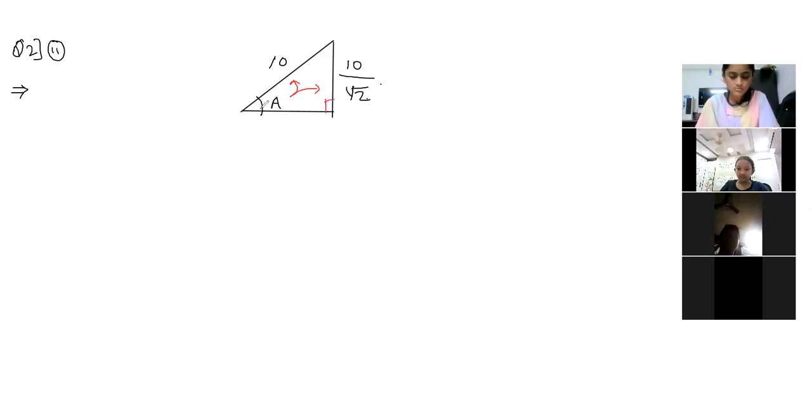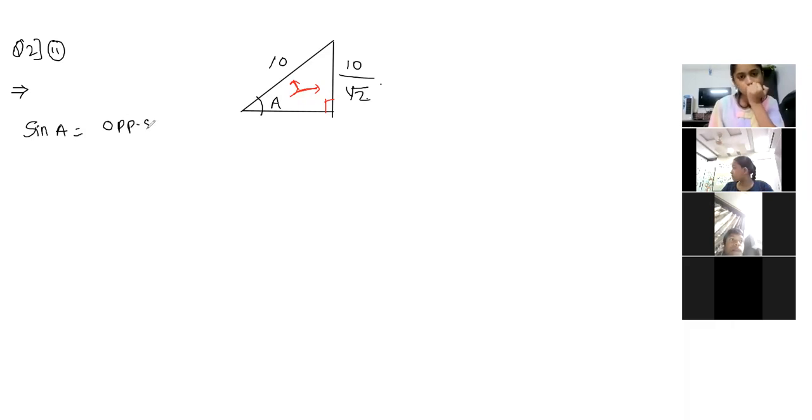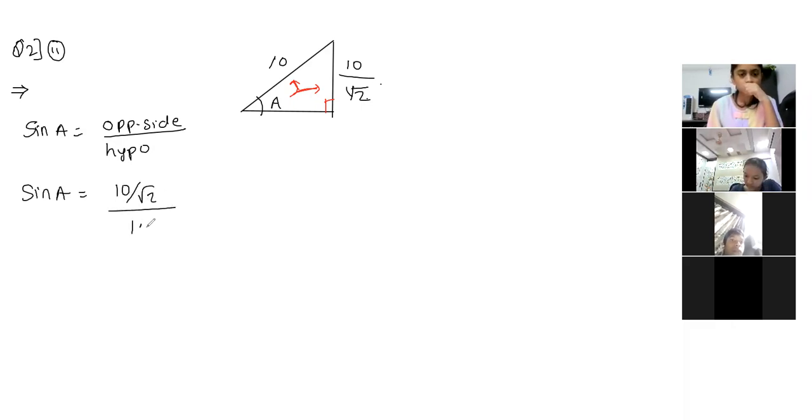See now A, we have to find A, that is opposite side, and this one is the hypotenuse. Opposite and hypotenuse, so it is of sine, correct? Sine A is equal to opposite side upon hypotenuse. So sine A is equal to opposite, that one is 10 upon root 2 upon 10. See, now it is a little bit difficult.